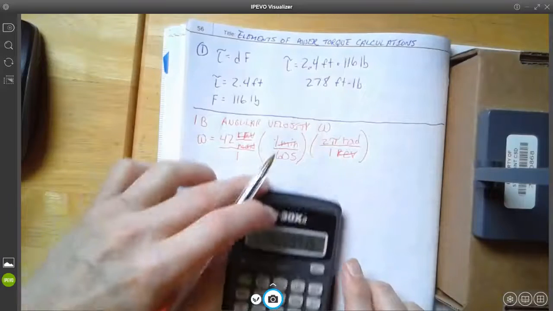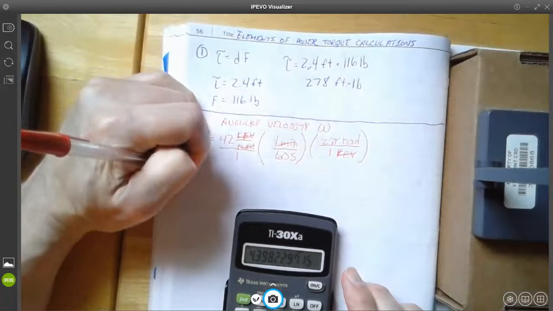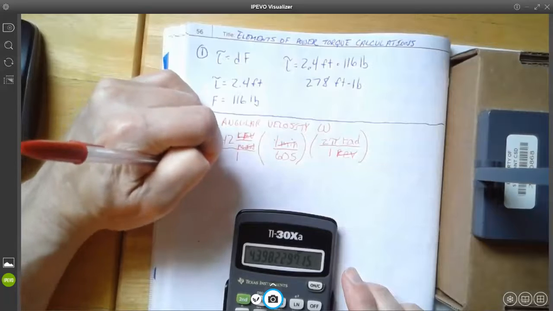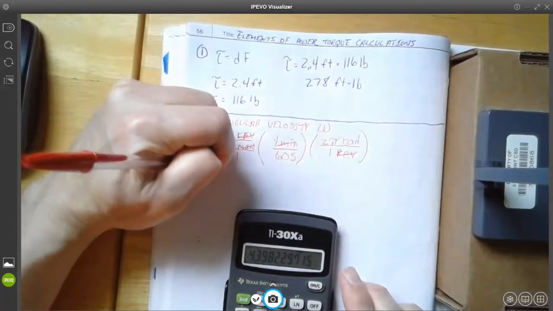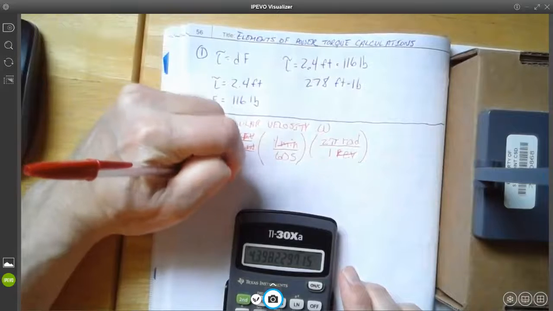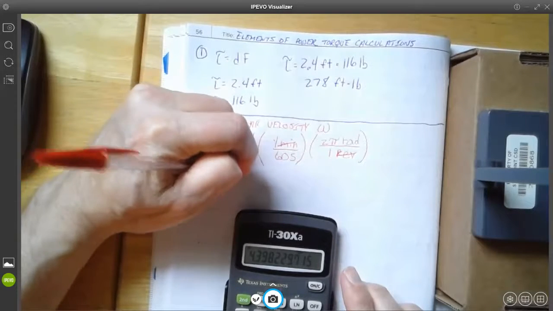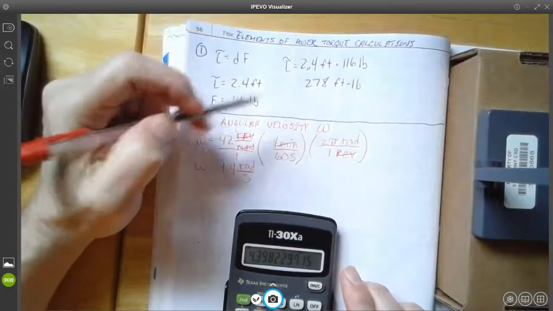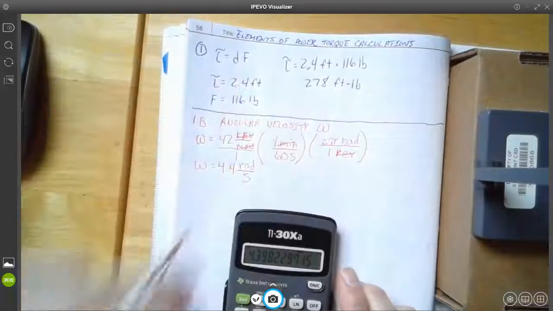And that is going to give me a value of the angular velocity is going to be equal to 4.4 radians per second, because we still have radians here, we still have seconds here.